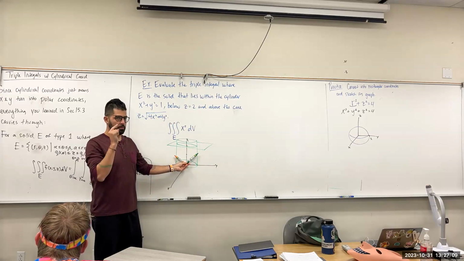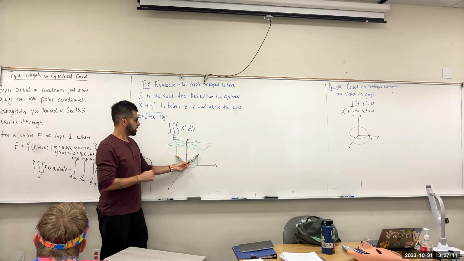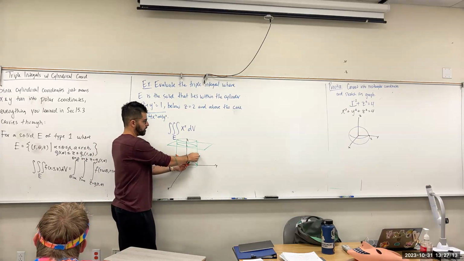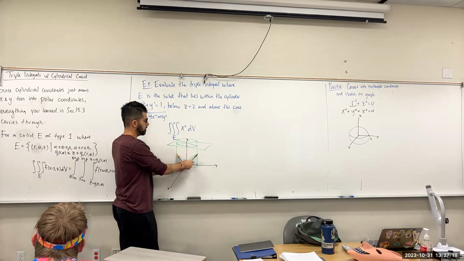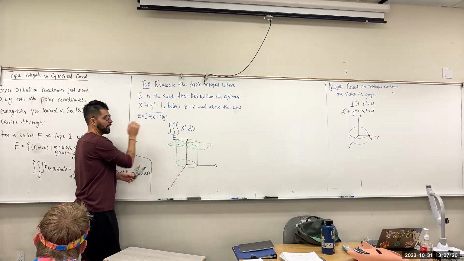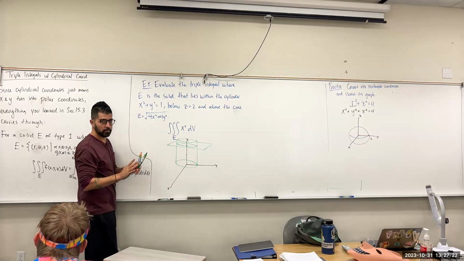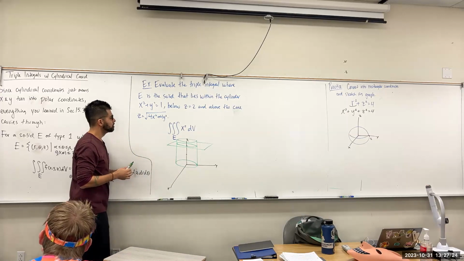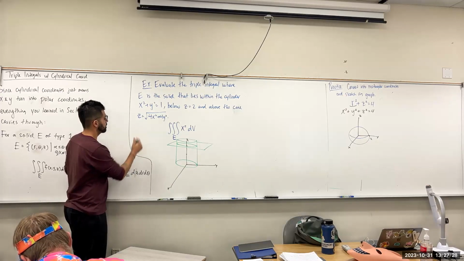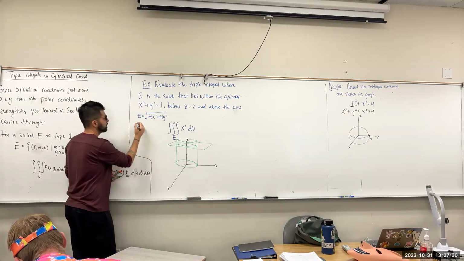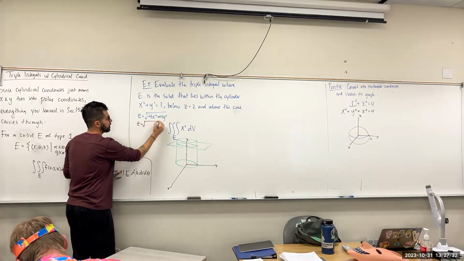It means to be inside the cone, right? So if the cone's like this, then we have this kind of weird solid that looks like that. So we have to figure out the slant of the cone a bit in this case. Okay. I want you guys to notice I can factor this like this.